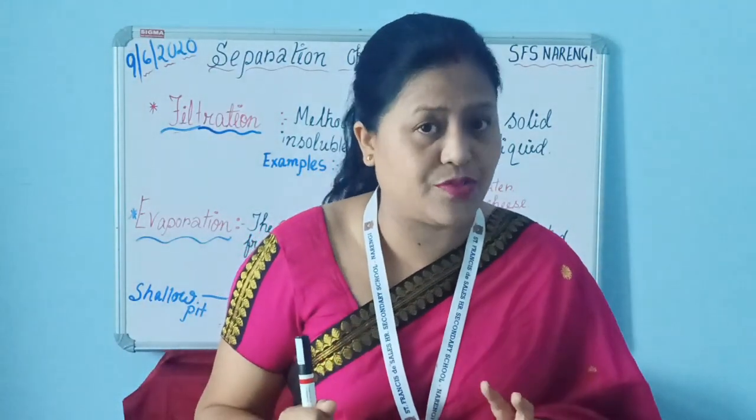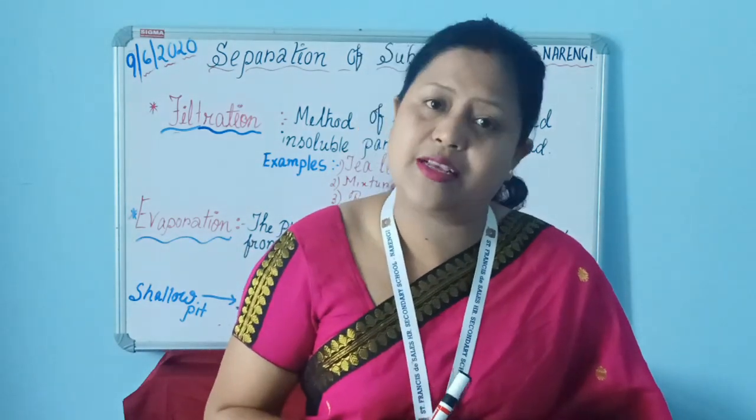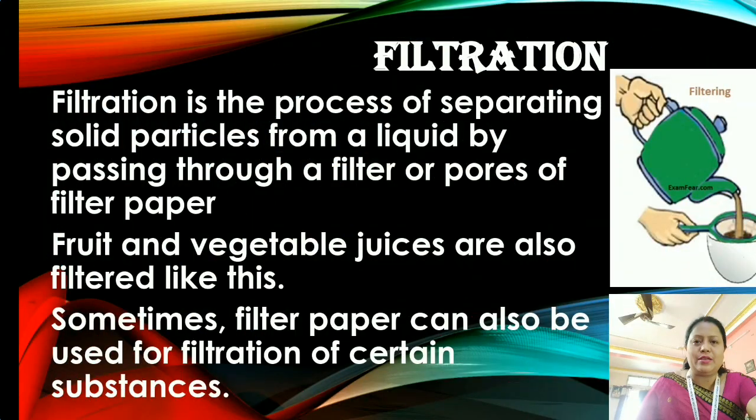Is that clear? This is how we have separated the solid insoluble particles from the liquid. I hope this is clear to you. So children, I hope you must have understood the process of filtration and the underlying principle behind it. To make it more clear, let us look at the definitions along with some examples.